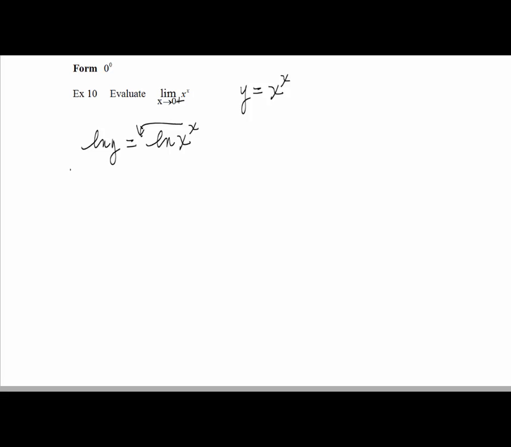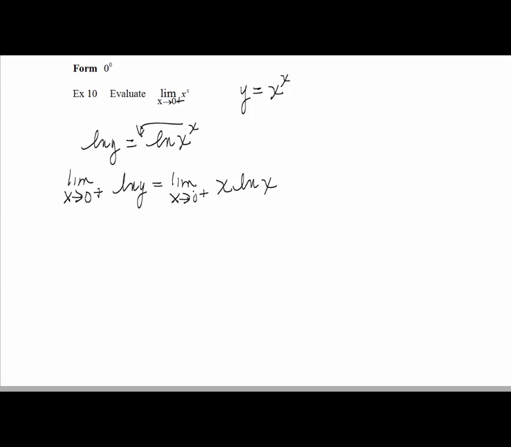Now I have the limit as x approaches 0 from the right of the natural log of y is equal to the limit as x approaches 0 from the right of x times the natural log of x.